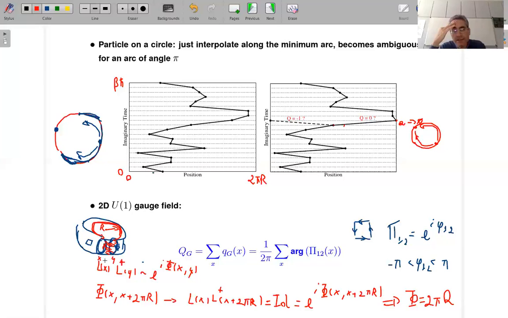You can take the 2-point function in some sense of these holonomies, and it counts the flux between the 2 holonomies, and as you make a round, you get the total flux, and the total flux must be a multiple of 2 pi just because of the periodic boundary conditions in the other direction.